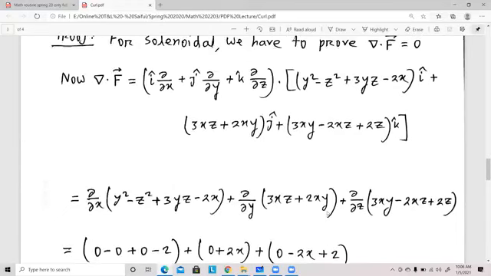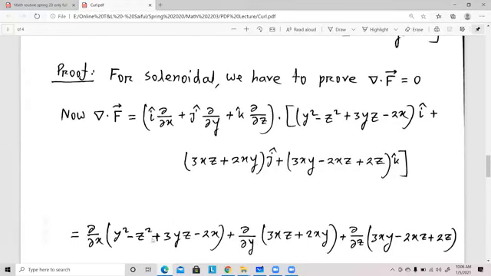Now, if we do partial differentiation for the first term, what will be the partial differentiation with respect to x? স্যার শুধু -2 থাকবে। Minus 0 0 0 minus 2.